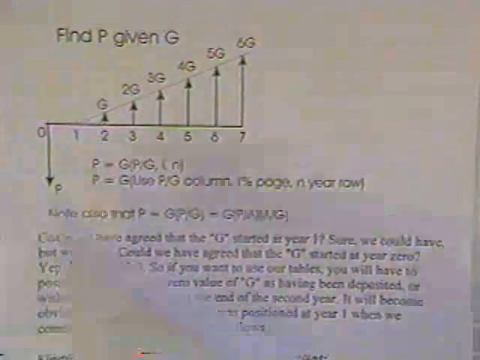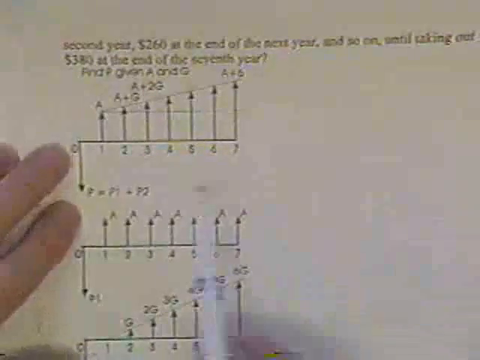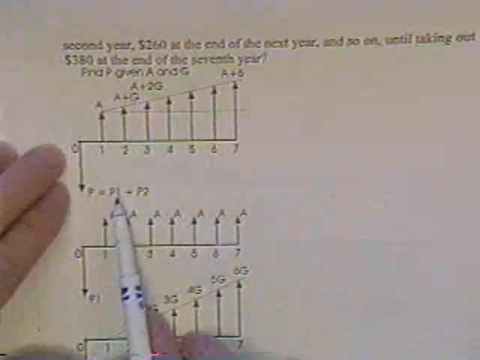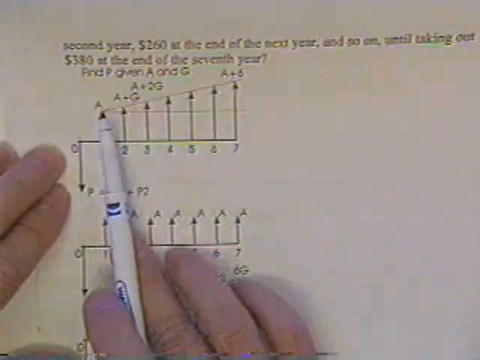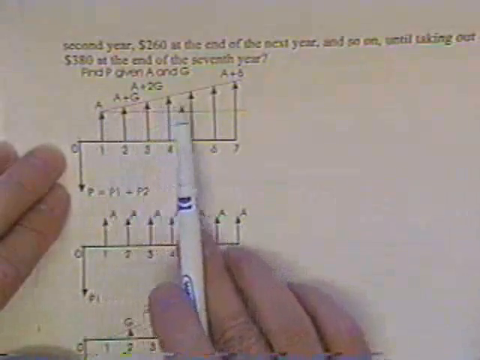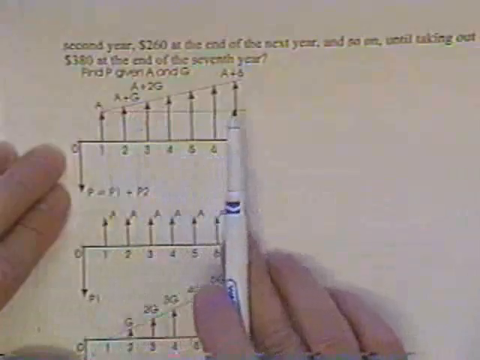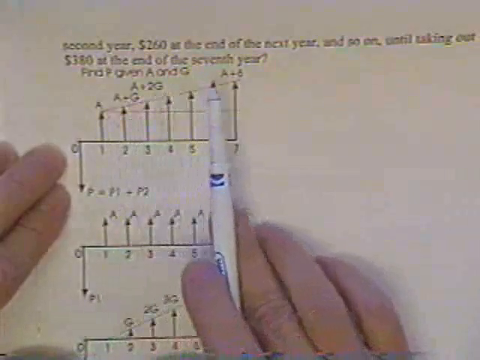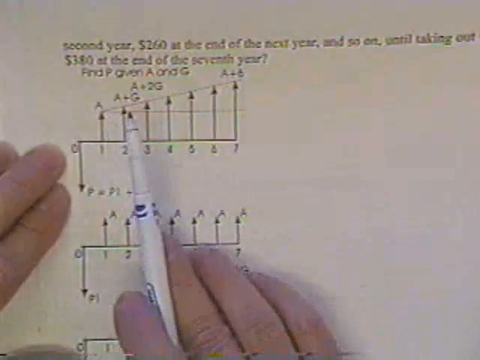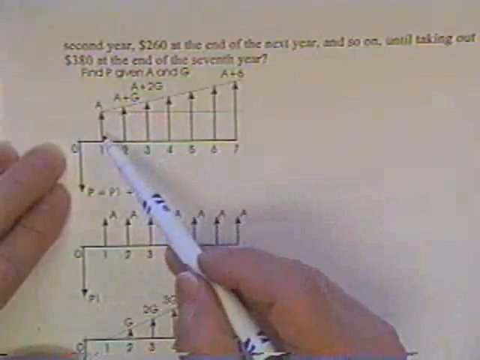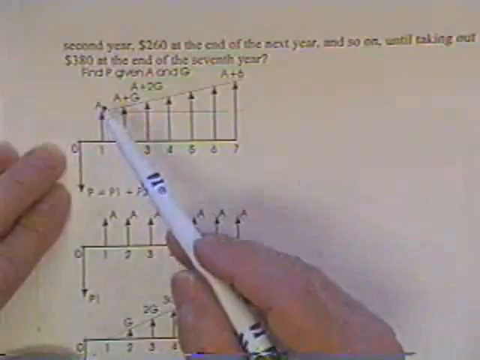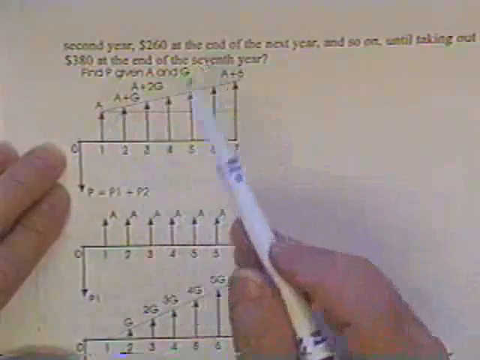The reason is many times you will have a present value now, and you want to take out money at a constant annual rate, and on top of that you want a gradient. Well, if you put the first non-zero gradient back here at the first position, then you get A plus G here. It's a little confusing.